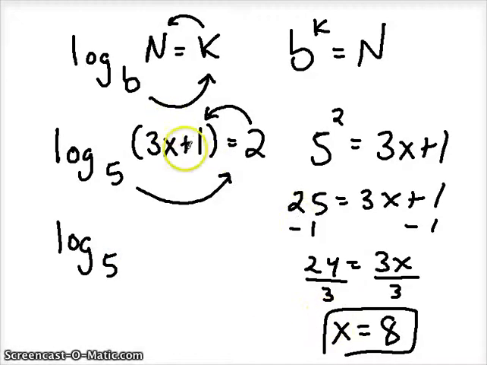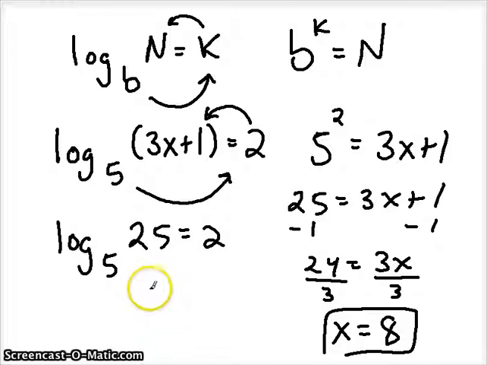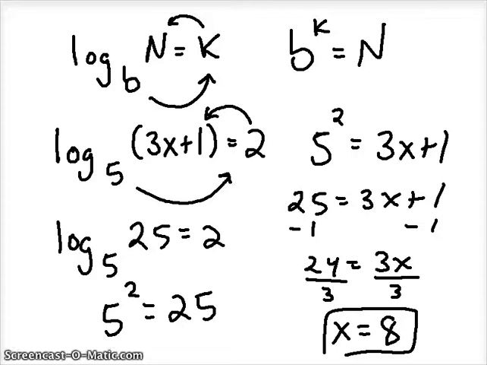So instead of x, we use 8, so 3 times 8 is 24. 24 plus 1 is 25. So that is now a true logarithm expression here. 5 squared does in fact equal 25. Alright, let's keep going here.